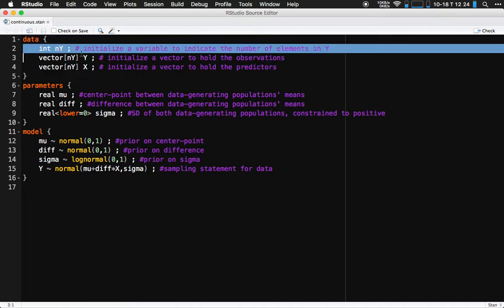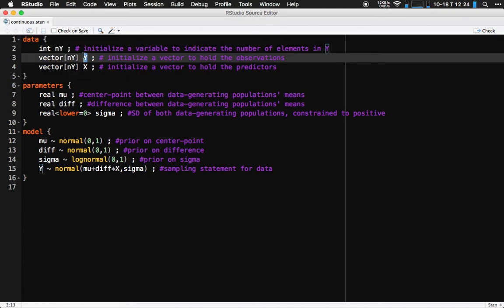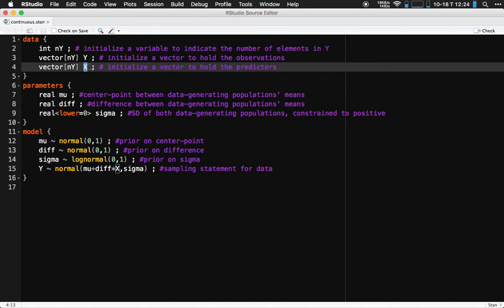So we have a thing called y that we're passing in, that's whatever length the data set is. And another thing called x that we're passing in that was a conversion of the group name to just a number, either negative 0.5 or positive 0.5.